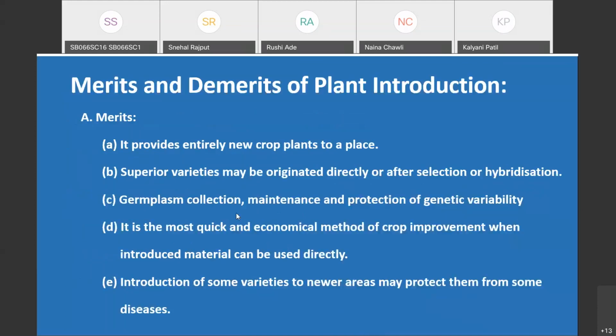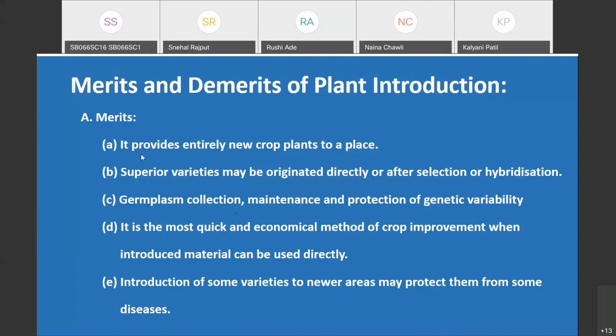Okay, then the merits and demerits of plant introduction. First of all, we are discussing the merits. In the theory examination, a question may be asked: give a detailed account of domestication, plant introduction and acclimatization. Then you also have to mention the merits and demerits of the process.